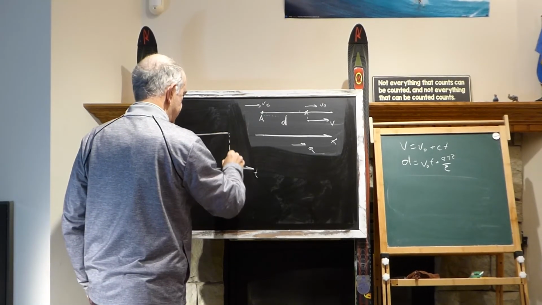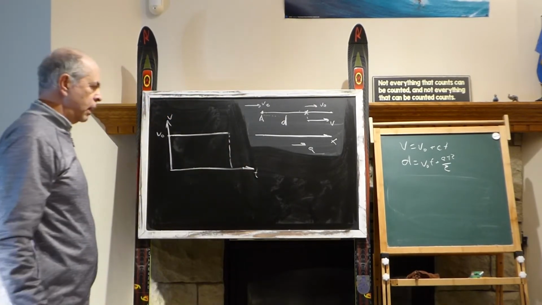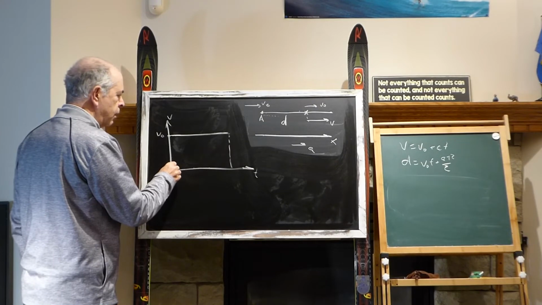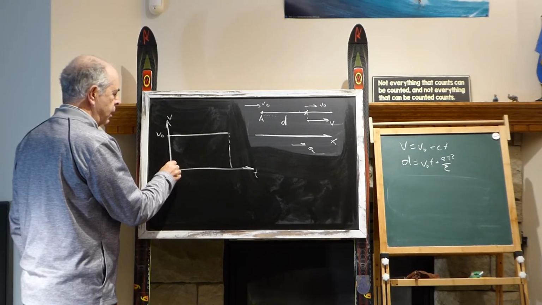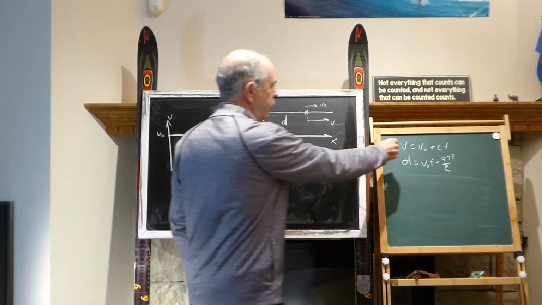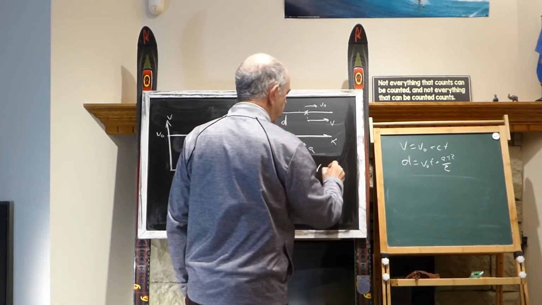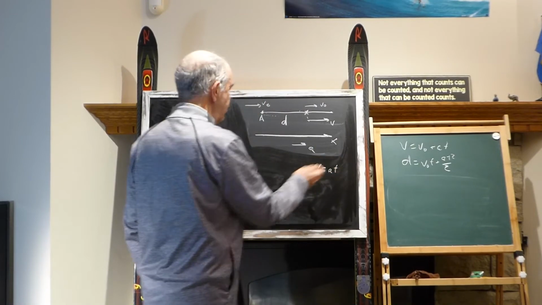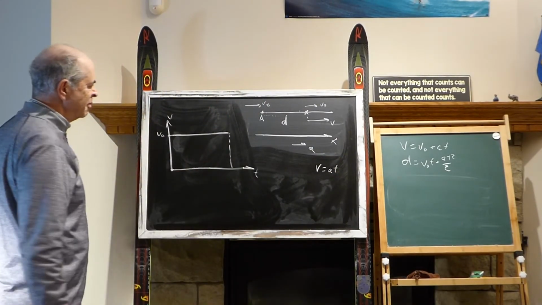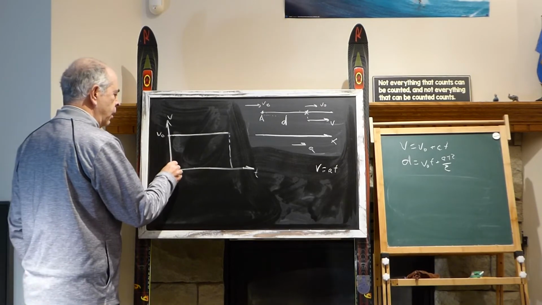And this is the moment when they meet, right? And the car starts with zero initial speed, so v equals at. We already wrote it, so at t equals 0, v equals 0, it starts here with 0 speed. And then it's a straight line.